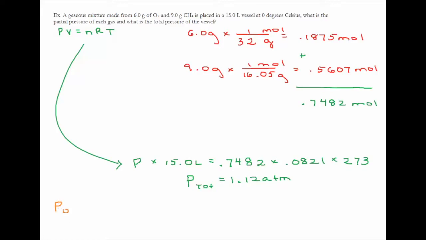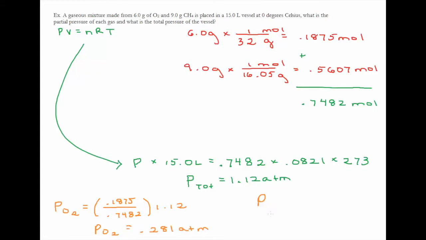So if I have the pressure of O2, its mole fraction is going to be the number of moles of just oxygen, which is 0.1875, divided by the total number of moles, which is 0.7482. So the mole fraction times the total pressure, which is 1.12. And so what I get for the partial pressure of oxygen is 0.281 atmospheres.